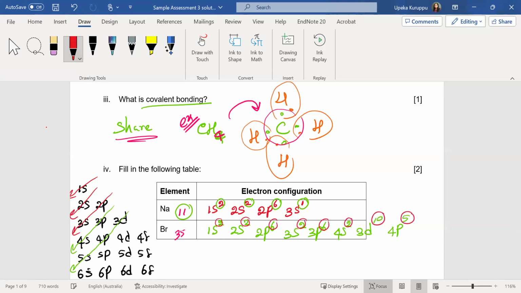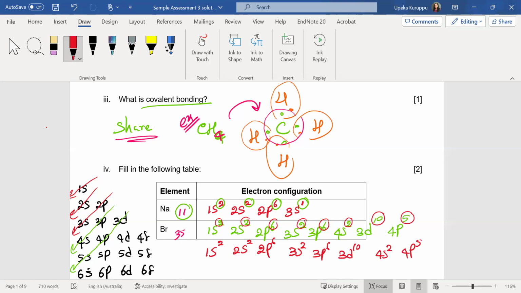Okay, so you can rearrange this. We have 4 shells, and the front number says the shell number, so we can keep the shells together: 3s2, 3p6, 3d10, then 4s2, 4p5.